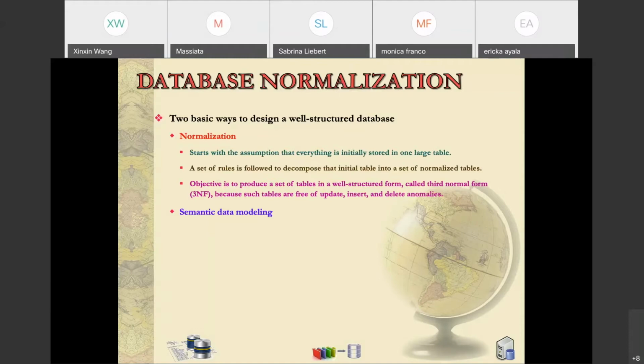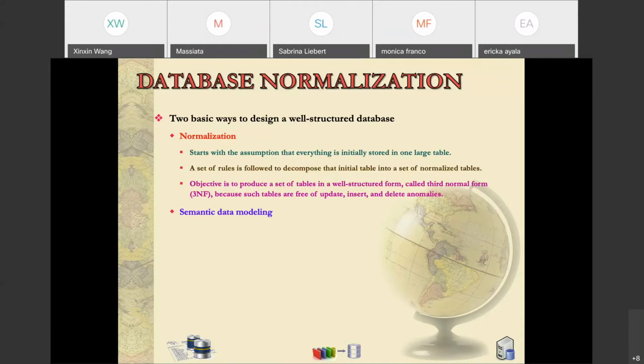There is probably duplication of the records, and that motivates us to create a set of rules to follow to decompose all the components into normalized tables, which become the well-structured database.